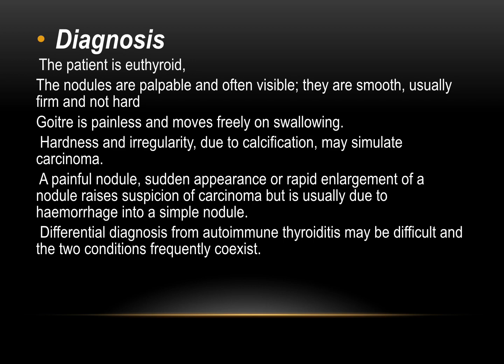Hardness and irregularity due to calcification may simulate carcinoma. A painful nodule, sudden appearance, or rapid enlargement of a nodule raises the suspicion of carcinoma, but is usually due to hemorrhage into the simple nodule. Differential diagnosis from autoimmune thyroiditis may be difficult, and the two conditions frequently coexist.